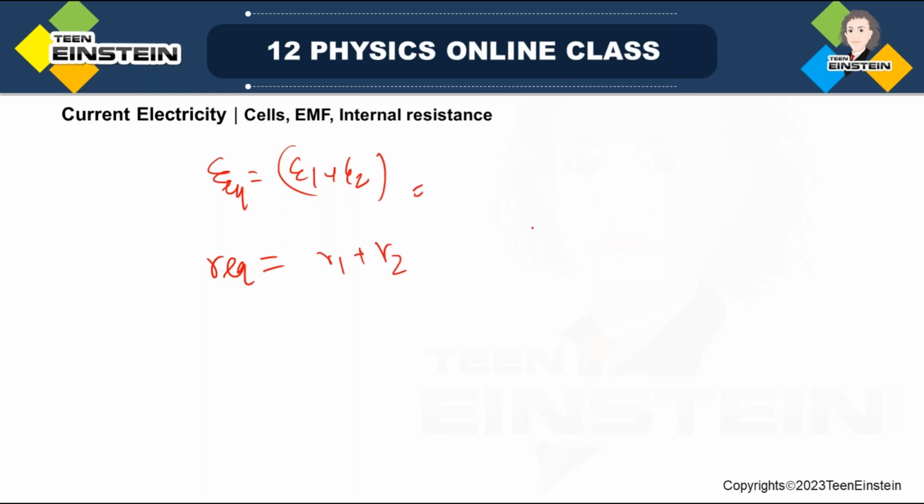But one thing you should remember, suppose a battery is connected like this. Suppose this is E1, R1, E2, R2.